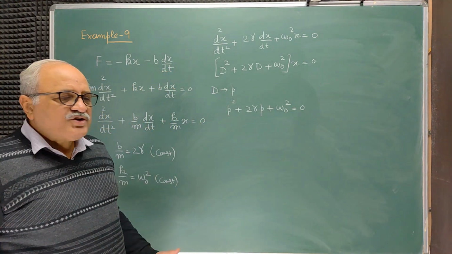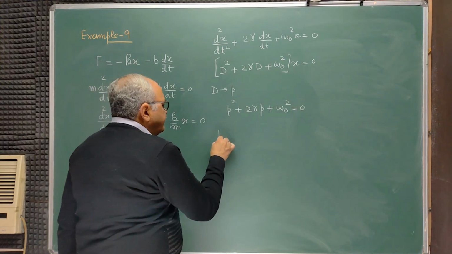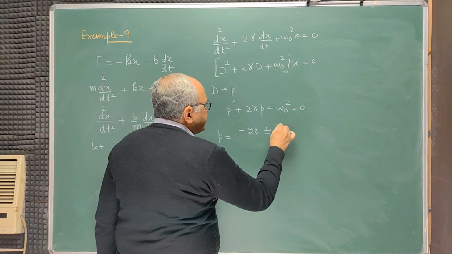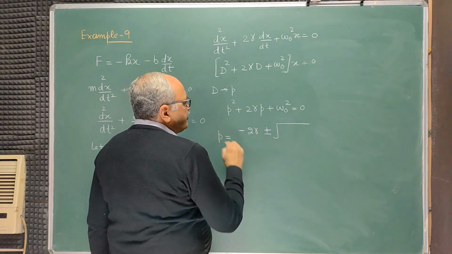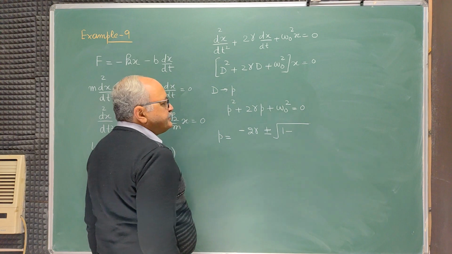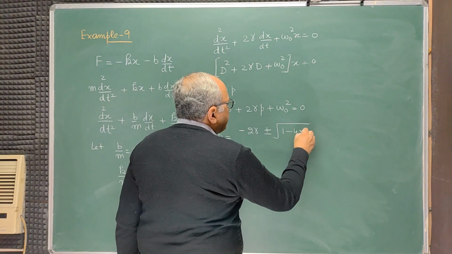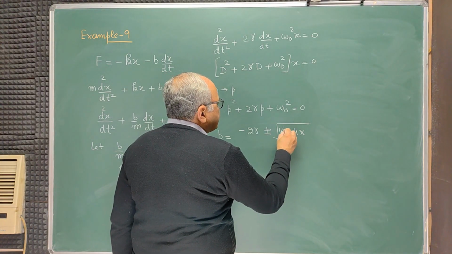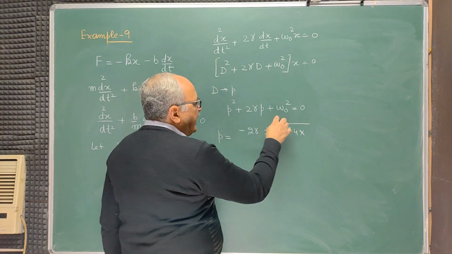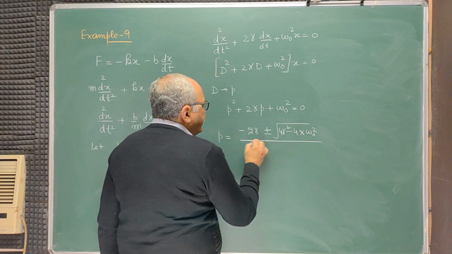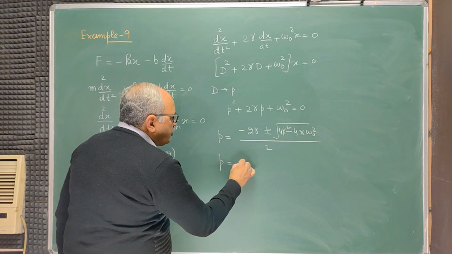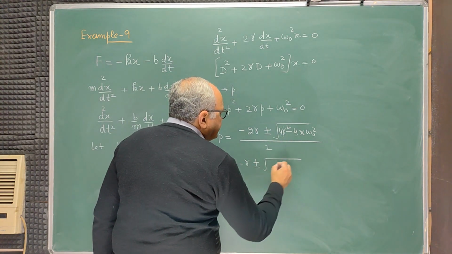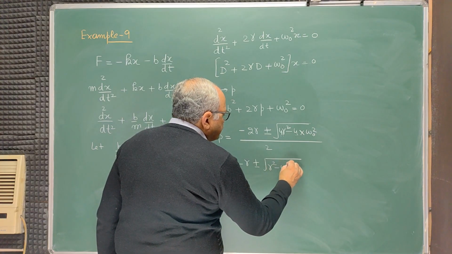This is a quadratic equation and we can solve it. p equals minus 2 gamma plus or minus the square root of b² minus 4ac, where a is 1, b is 2 gamma so b² is 4 gamma², and c is omega 0², divided by 2. So p comes out to be minus gamma plus or minus the square root of gamma² minus omega 0², as the 4 and 4 can be taken out.